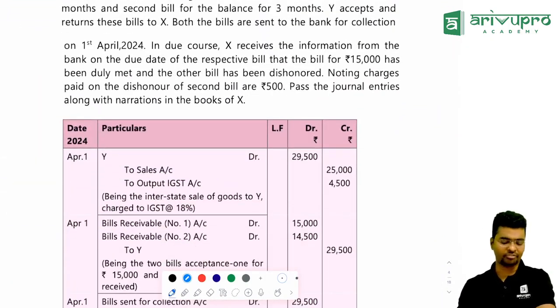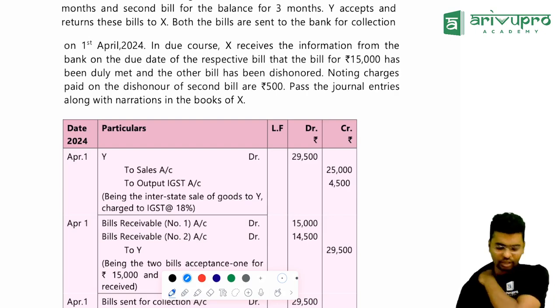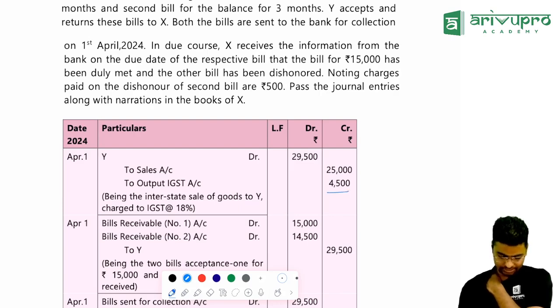Next one, on 1st April, Excel sells to Y for 25,000 plus IGST at 18%. So what is the bill amount? 25,000 plus 18%, which is... first selling the goods. Now, tell me for what amount will the bill be drawn?